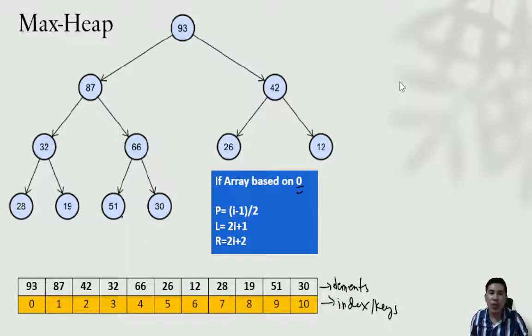If we have already created a binary heap in this priority queue implementation, we could easily look for the parent of 87 and 42, and also the child of 87, the child of 66, and even the child of 32.